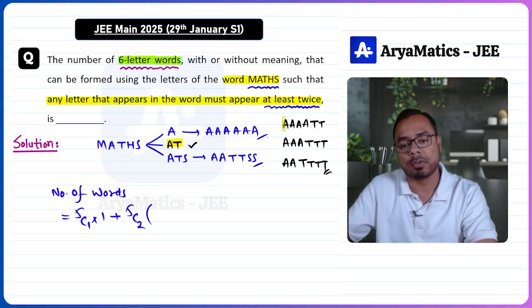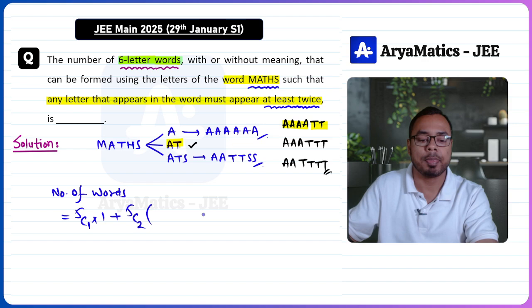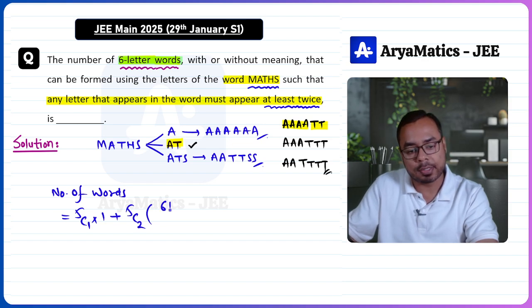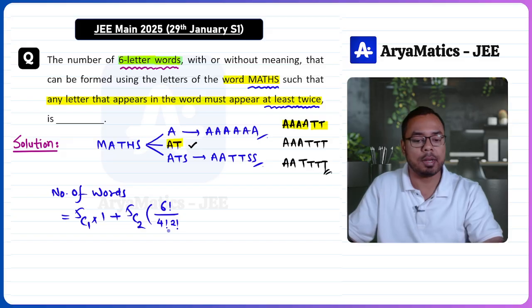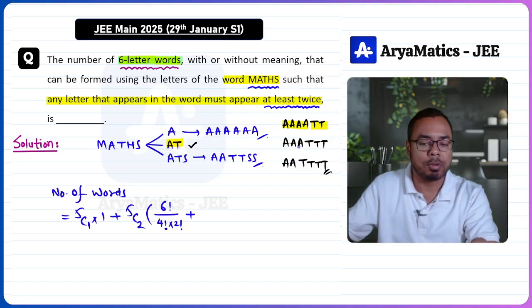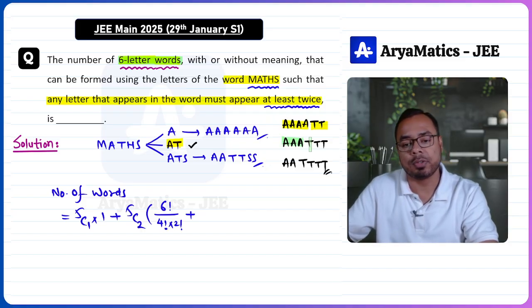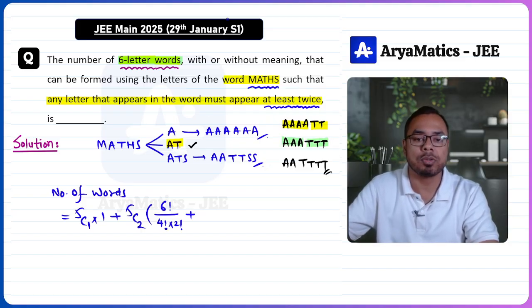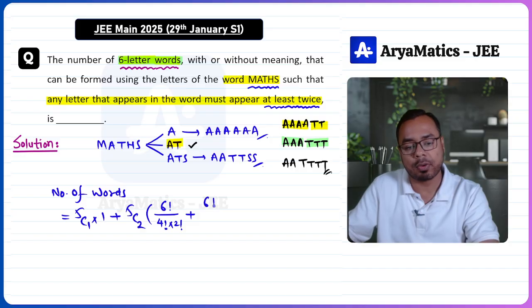Now consider this first one. If I have 4A and 2T, there are 6 letters, out of which 4 are identical and the other 2 are identical. So these are the number of words that you can create in this case. Similarly, for the second case where you are using each letter 3 times, the number of words will be 6 factorial divided by 3 factorial for the identical A's and another 3 factorial for the identical T's.